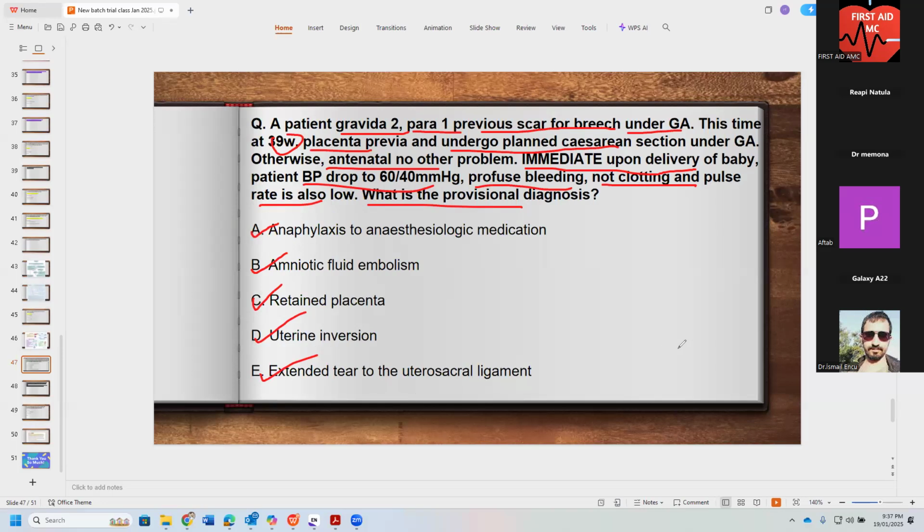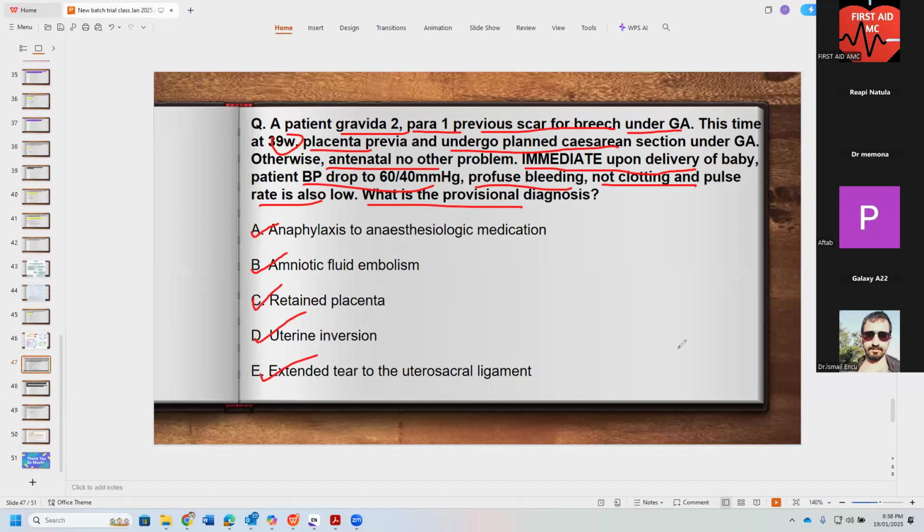So immediately after the birth of the baby, the blood pressure dropped. Huge amount of bleeding, not clotting. Pulse also dropped. Bradycardia with hypotension. It's a sign of retained placenta. Is it?